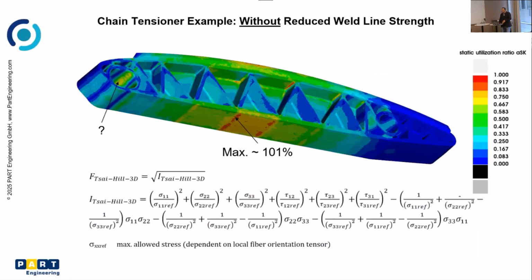Once you do it with the Tsai-Hill criteria, for example, and the anisotropy of fiber reinforcement in this part, you probably would still see on the downside of that part the maximum Tsai-Hill strength. Therefore you would probably predict the part to fail there. But it didn't.